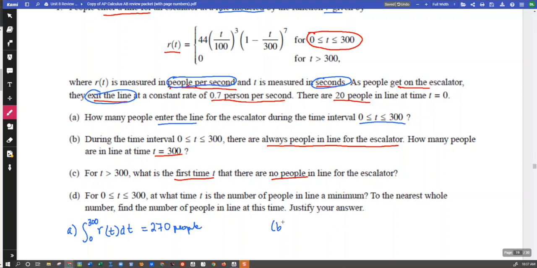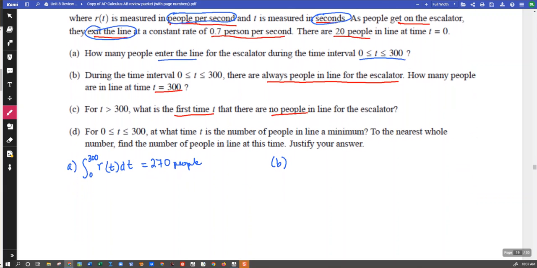Then part B. Part B tells us that there are always people in line for the escalator. How many people are in line at time t equals 300? Well, in line at t equals 300, we're going to have the people already there plus our arrivals minus our departures.